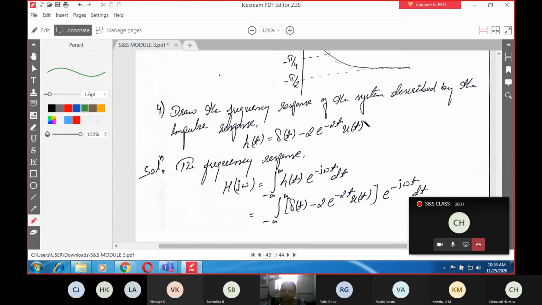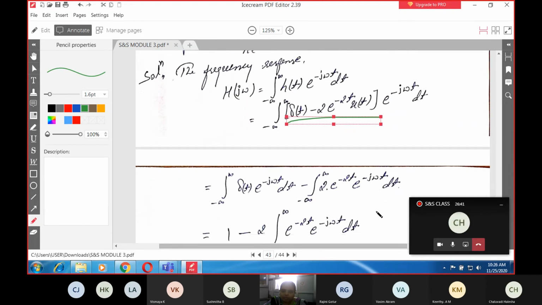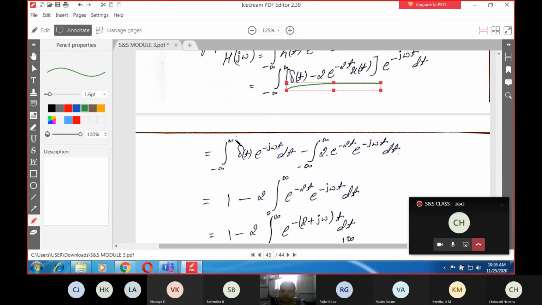What is the h of t equation? Here is the equation, you just substitute here. Then multiply delta of t with e raised to minus j omega t, and the 2 e raised to minus 2t u of t with e raised to minus j omega t, and take the limit for both.